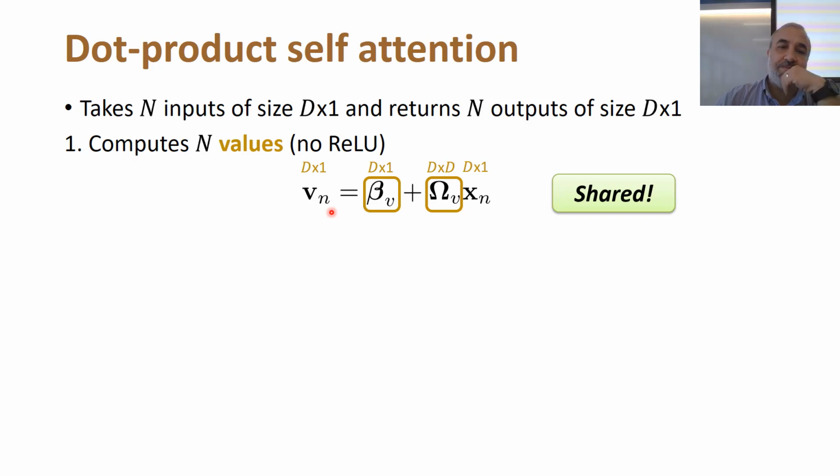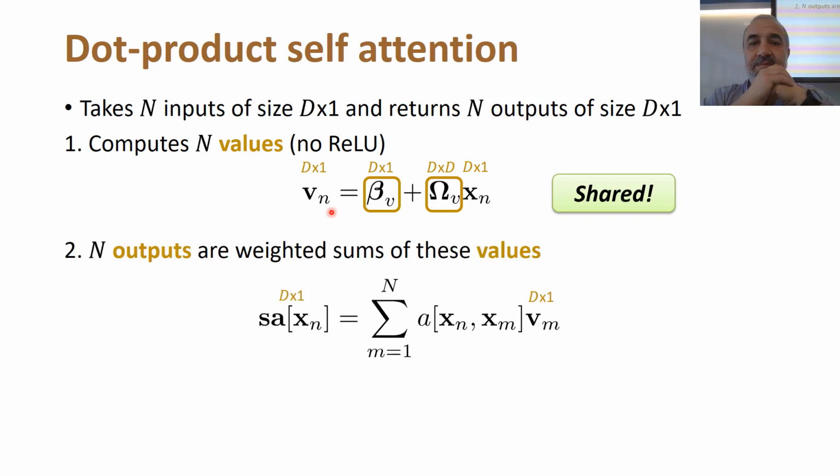The second step is to get from values to the output vectors. We said that it's just two steps, very easy: from input to values, and then from values to output vectors. From input to values is linear, as we saw in the first step.